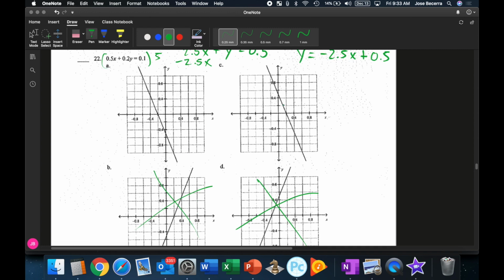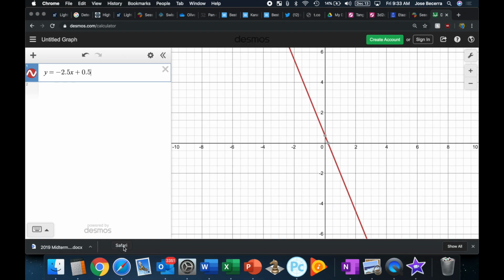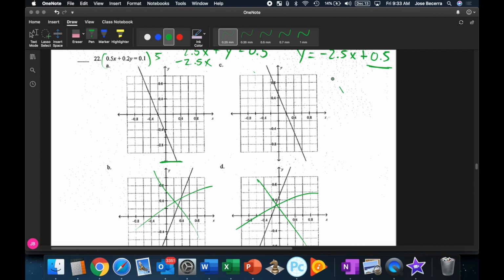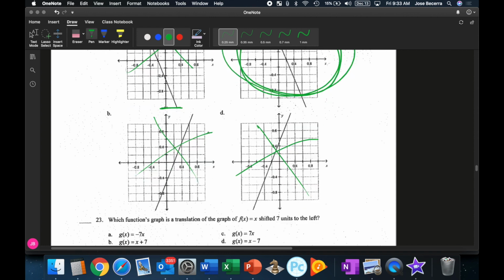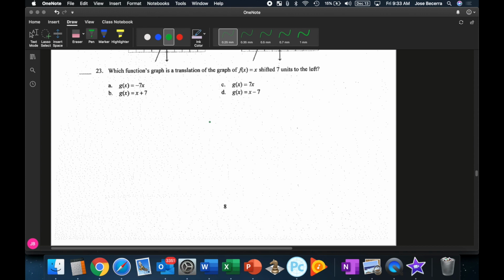And if we look at the graphs and where they intersect, this is saying it intersects at a positive 0.5. This is saying negative 0.5. And if we look at Desmos, it looks more this way on this side of the y-axis. So my answer is going to be C, not A. I was about to say A, but then I looked at it.